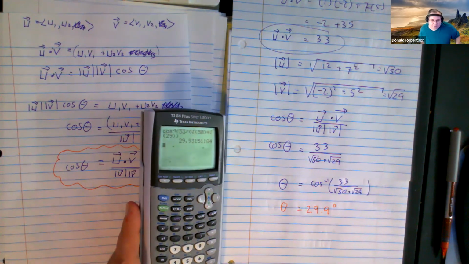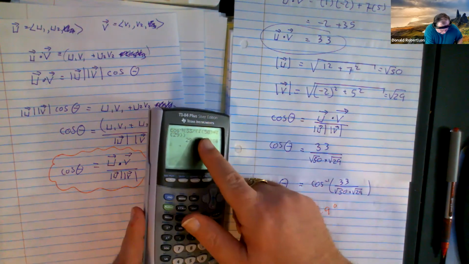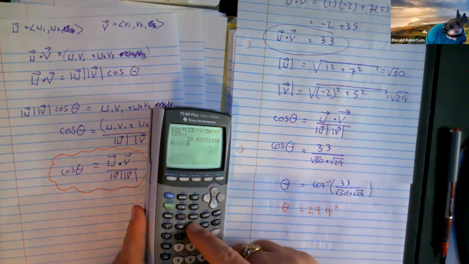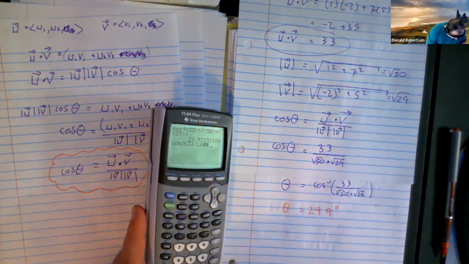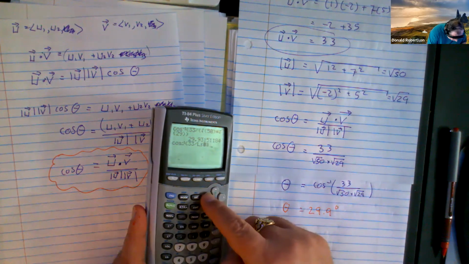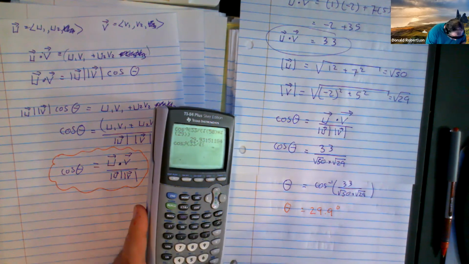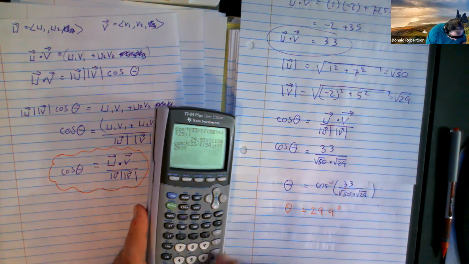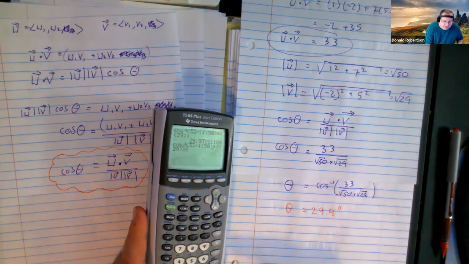Now, if you look at that calculation carefully, did you notice I put in some extra brackets? Let's show you why that is necessary. Here is the inverse cosine, 33 divided by square root of 50, divided by square root of 50 times square root of 29. Okay, hit enter.